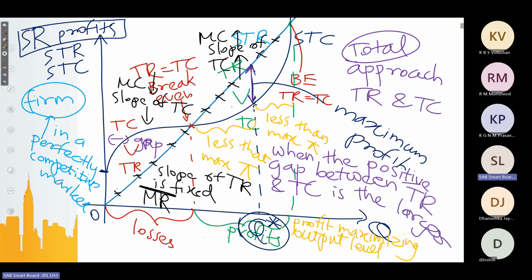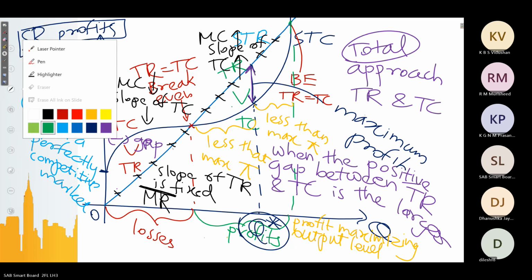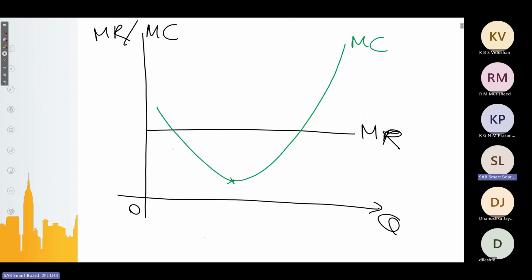Marginal cost is declining over this range, and afterward it increases. That's how marginal cost behaves.